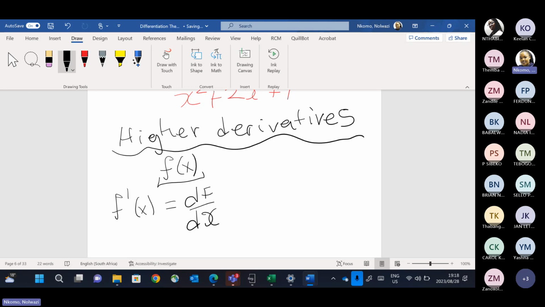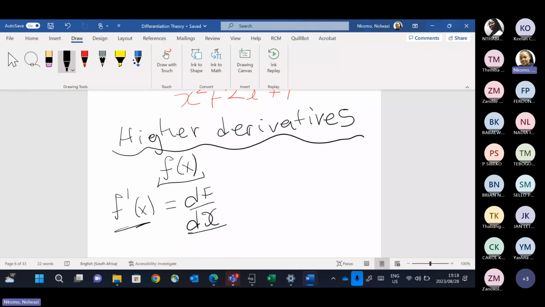This is just the first derivative. Now, suppose you are asked to find the second derivative, or second order derivative, okay? Remember, we said higher order is just the process of taking the derivative of the derivative, right?